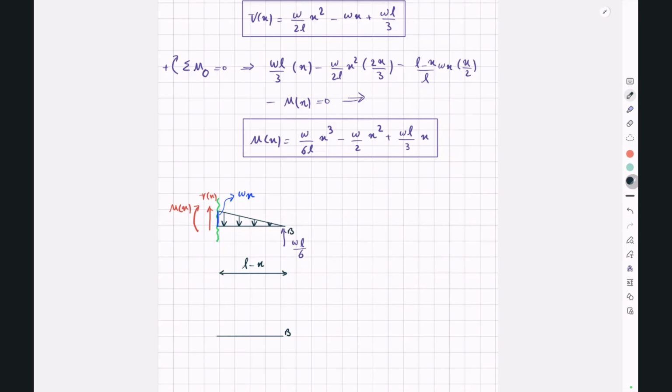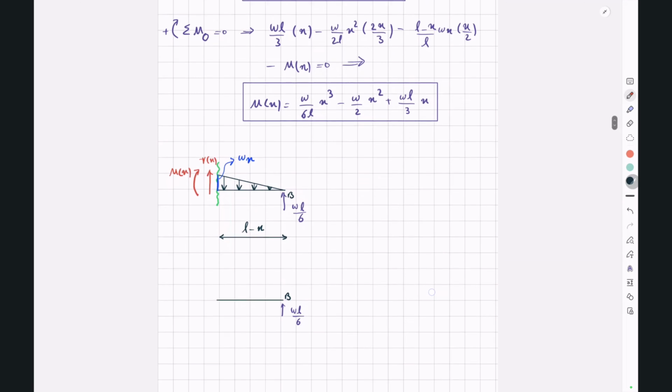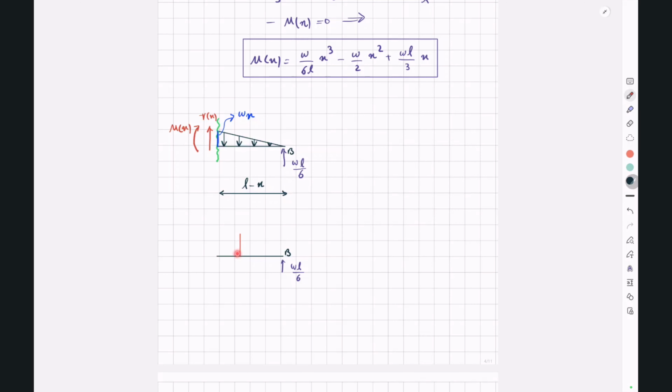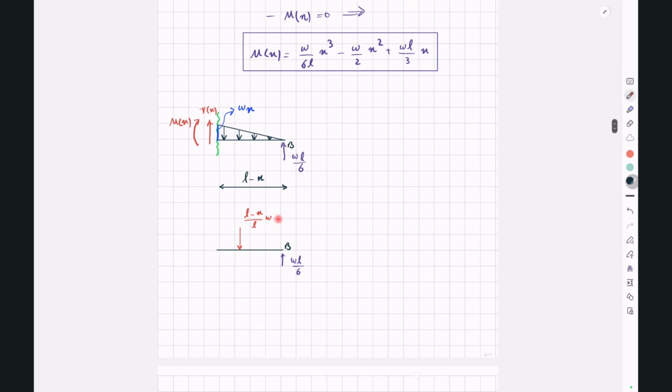This is point B. By was WL over 6. This is the resultant force, which is L minus x over L W multiplied by L minus x divided by 2, or L minus x to the power of 2 divided by 2L W. This distance is L minus x divided by 3.